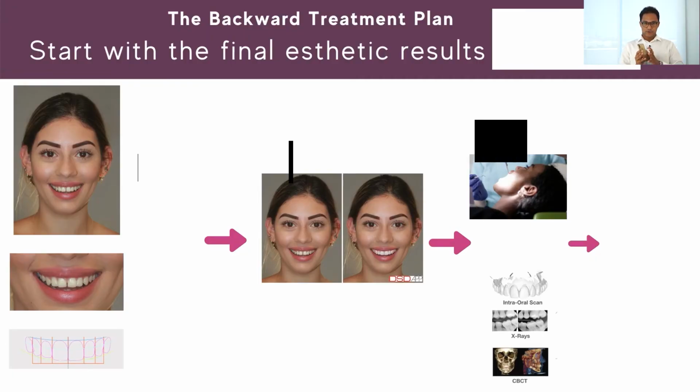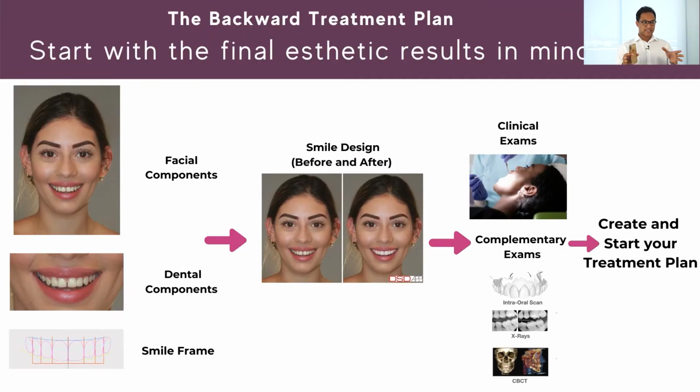So let's now visualize what the backward treatment plan means. When we say start with the final aesthetic result in mind, we are saying that first, look at your patient and understand the facial components of your patient. Then, understand the dental components so you can now deliver a smile that is facially driven, that is harmonic with the overall components.